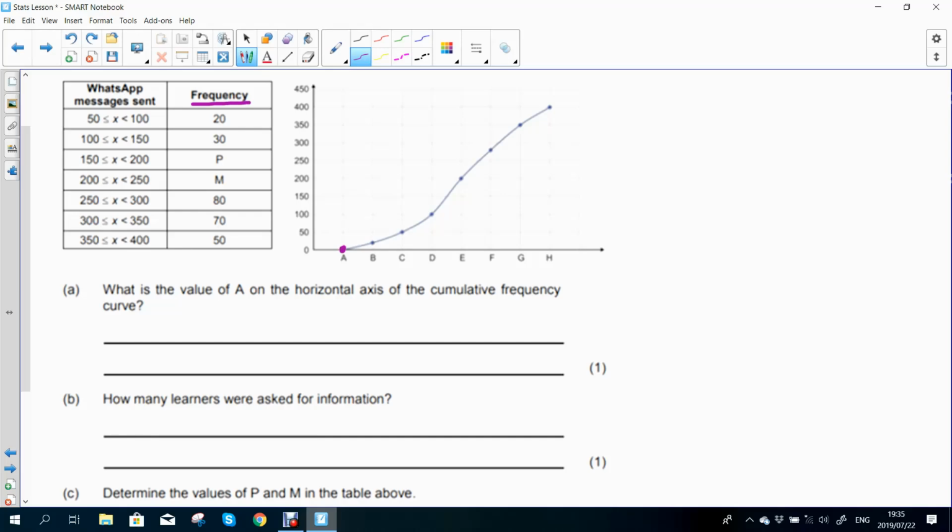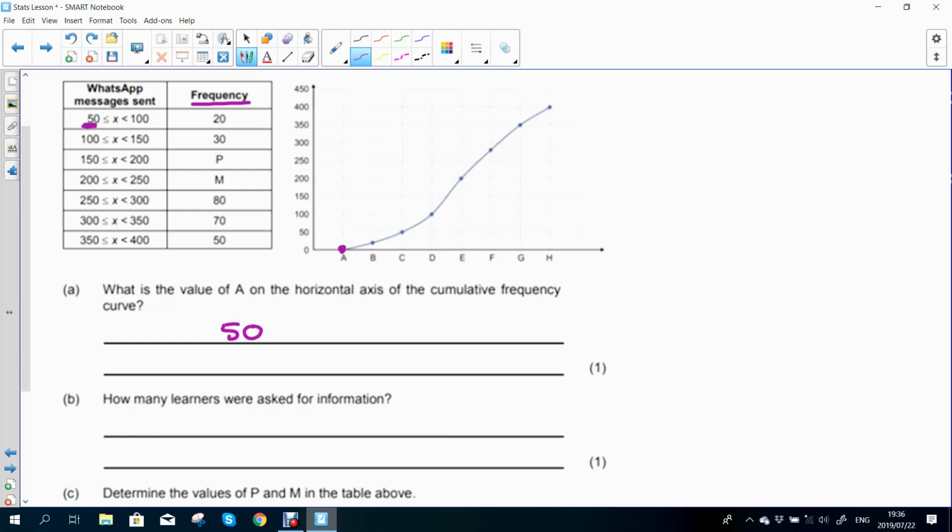What is the value of a on the horizontal axis of the cumulative frequency curve? So where do I normally start drawing ogives? Where do I get this value? Yes, you've guessed it, the smallest value of your first group interval. So that is just 50. Nice and easy question.